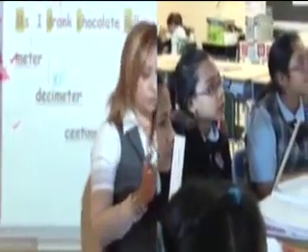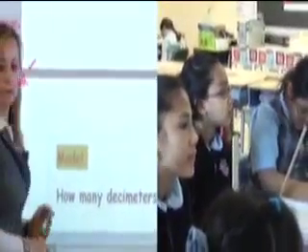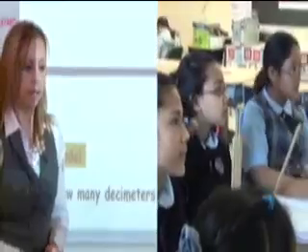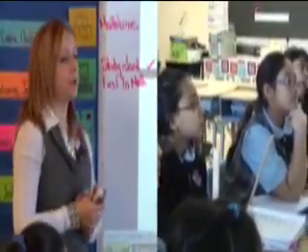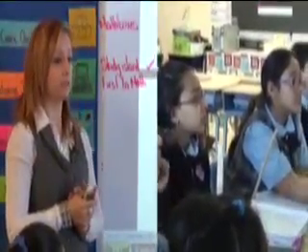All right. So what I'm going to do now is model one for you. You ready for my modeling? I need all eyes up here. My question is, how many decimeters are there in 5 meters?